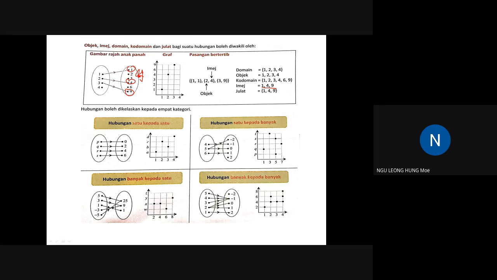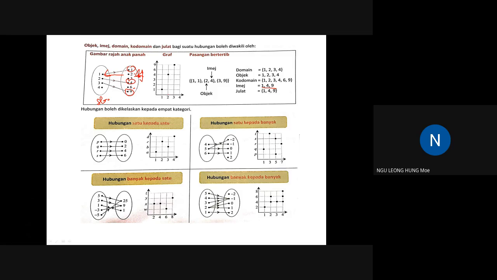It's not considered 2, 3, and 6 because they do not connect with the set A. So 2, 3, and 6 are not image. Boleh faham? And the range is 1, 4, 9.